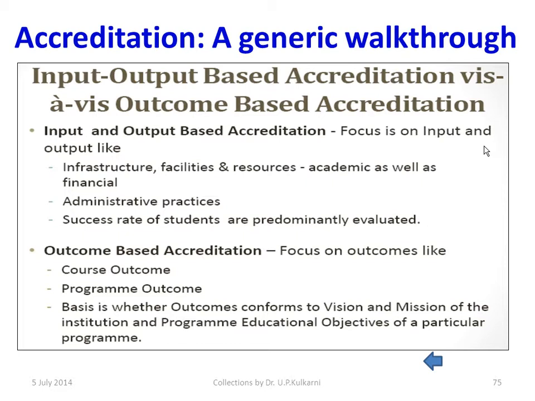So in outcome-based education accreditation, the importance is on defining the course outcomes, program educational objectives, and attainment of all these things.